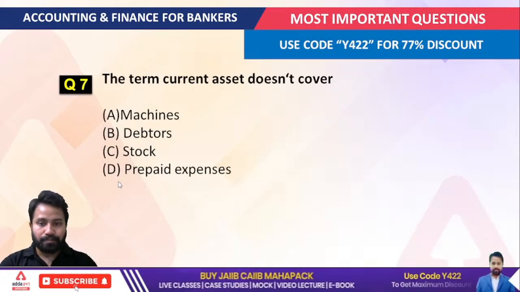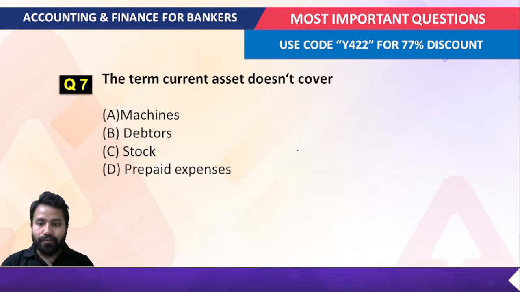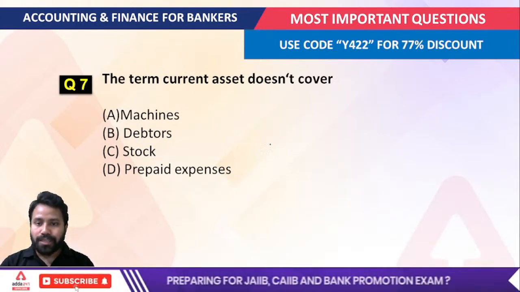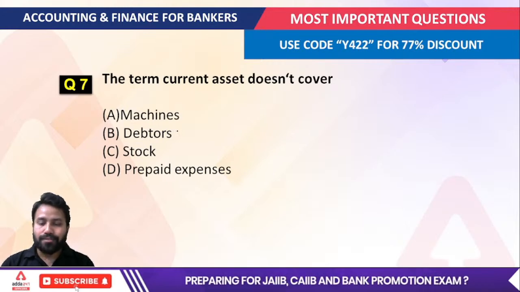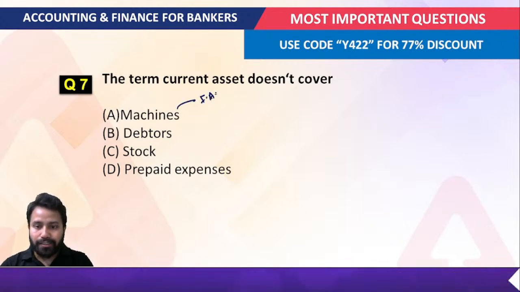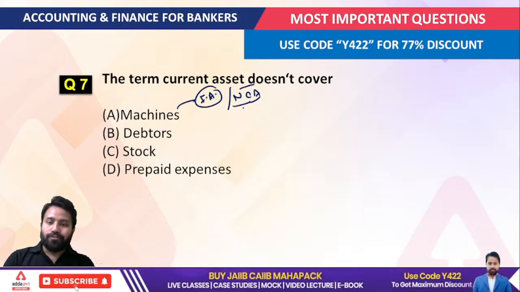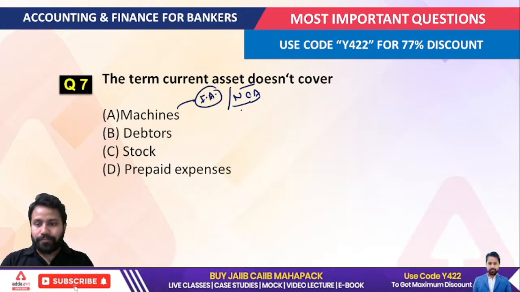Next question. The term current asset does not cover which of the options: machines, debtors, stock, prepaid expenses. When we talk about current assets, machines would be considered a fixed asset. Either say fixed asset or non-current asset, or you can also say long-term asset, right?